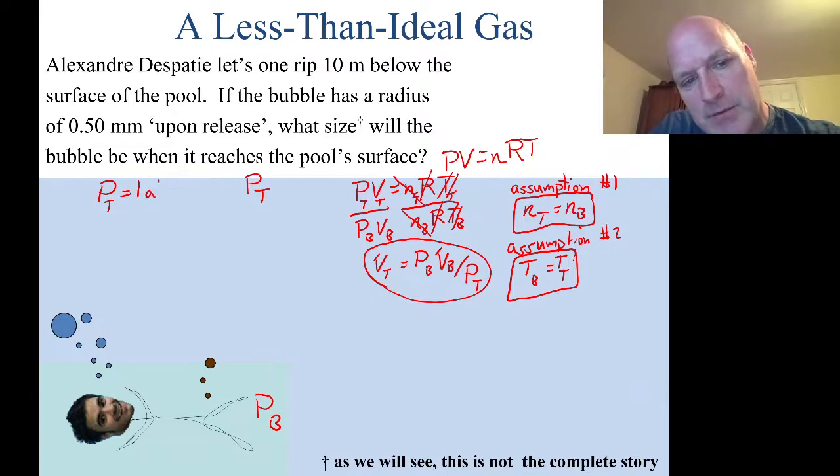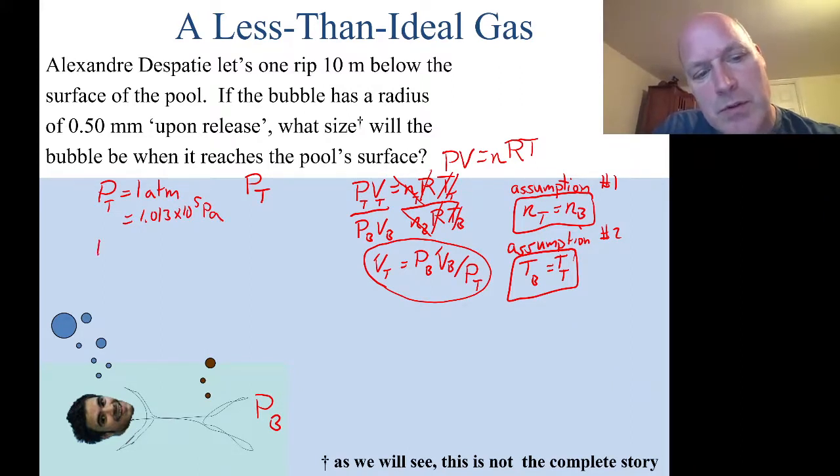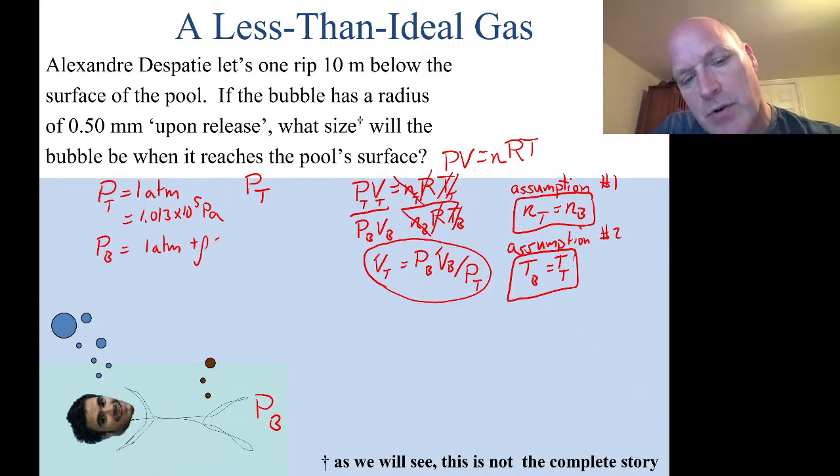It's equal to 1 atmosphere, which is equal to 1.013 times 10 to the 5 Pascal. What's the pressure at the bottom? It's going to be equal to 1 atmosphere plus rho g h. That makes sense, right? That height.